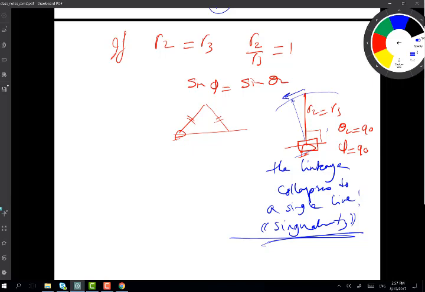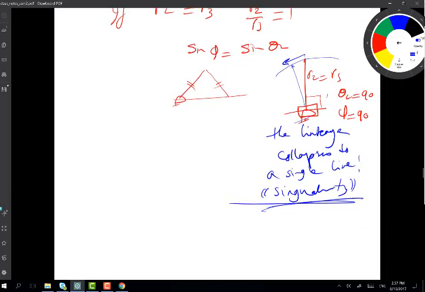We get two possibilities for the location of the slider at this stage, and these two possibilities indicate the presence of a singularity, which mathematicians refer to as bifurcation, if you like.